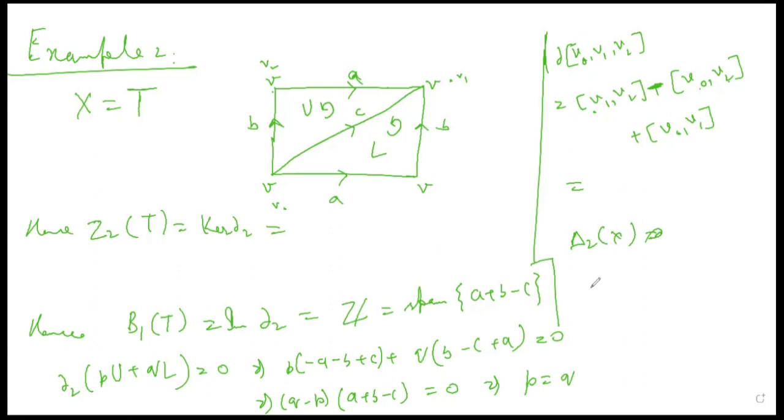So these kind of elements, only these kind of elements will be in the kernel. But they will be generated by U plus L, right? It means span of U plus L. But what is this? This is Z.